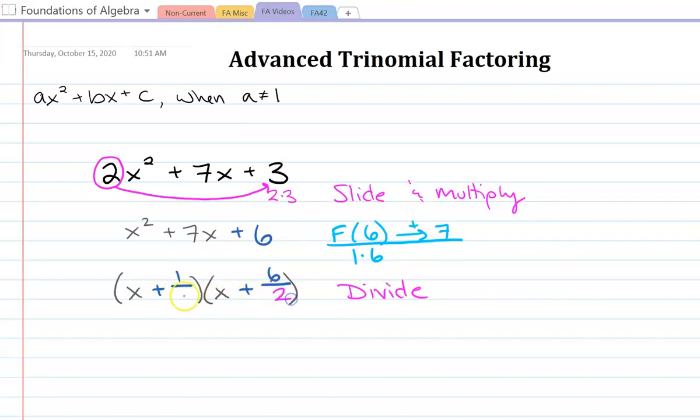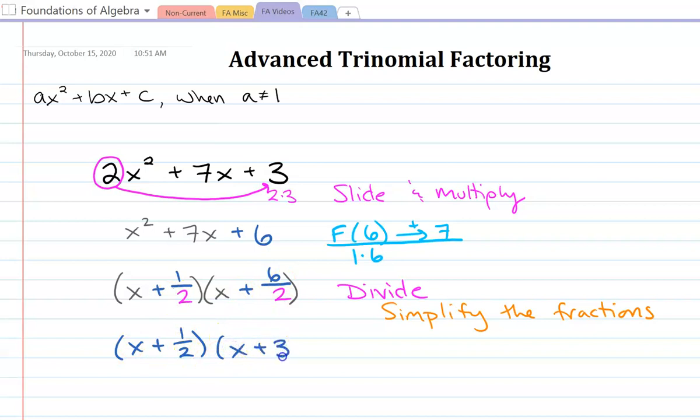So divide by the 2 that we multiplied by before. Alright, and now we're going to simplify the resulting fractions. So 1/2, well, that's as simple as it's going to get, but 6 over 2, that's 3.